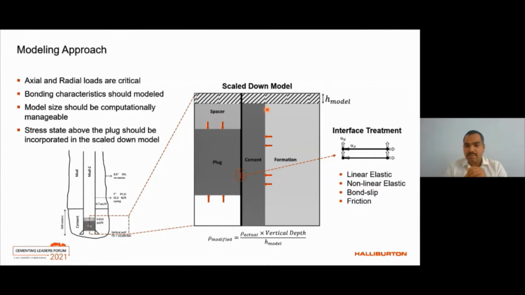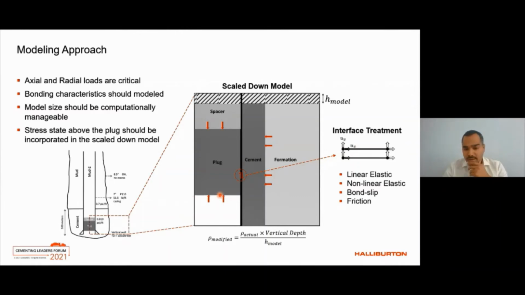Because really it doesn't matter what happens above it when the focus is on the plug. However, the effect of the weight of the overburden and the thermal gradient of the overburden is still being carried into the model. That's what I meant by the scaled down model. If the plug were say 250 feet, this would be 250 feet in the graphic that you see.